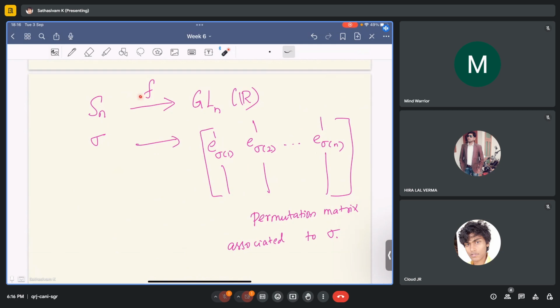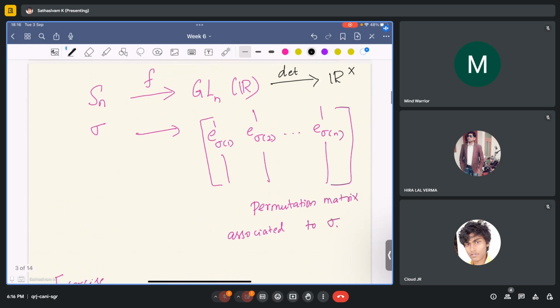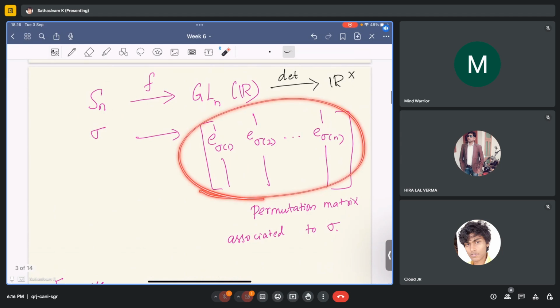Okay. So far what we got is that F is an injective homomorphism. So what you can see is that Sn is a subgroup of GLN. From this GLN there is a map, right? This map is called the determinant map, and this basically goes to R star. But what you can prove is that for this permutation matrix, the determinant goes to plus or minus 1.